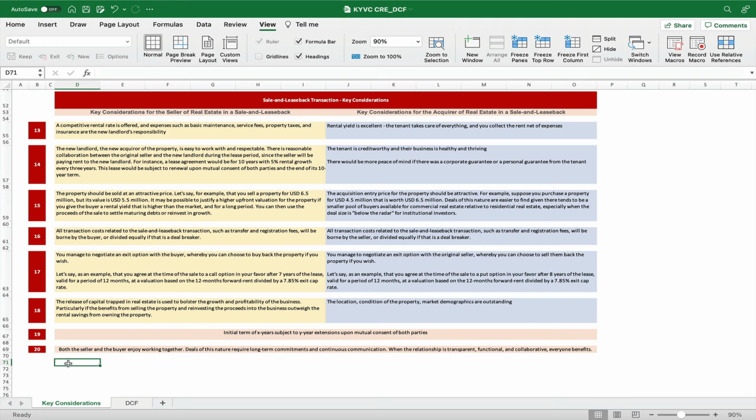This gives flexibility and it de-risks the transaction for both buyer and seller when they have such options for exiting.